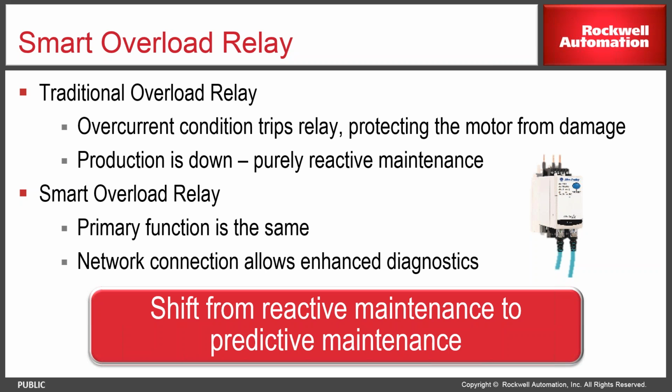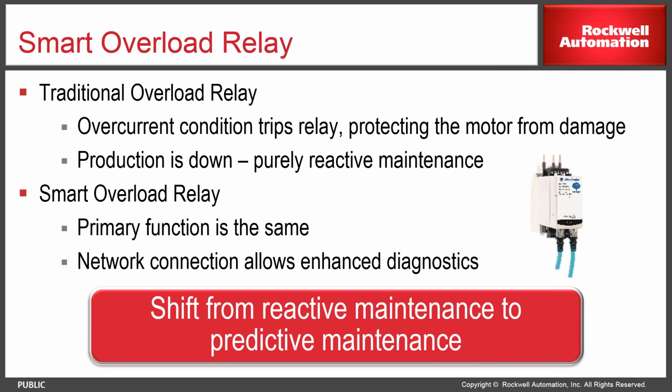Then in this slide, let's discuss another type of intelligent motor control device, the simple overload relay. A traditional overload relay's sole function in life is to protect the motor from overcurrent conditions that could cause damage. If an overload condition were to occur for whatever reason, the relay would trip and the motor would shut down.